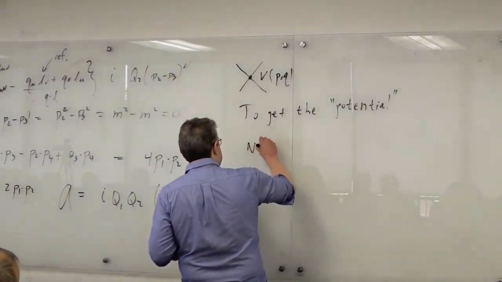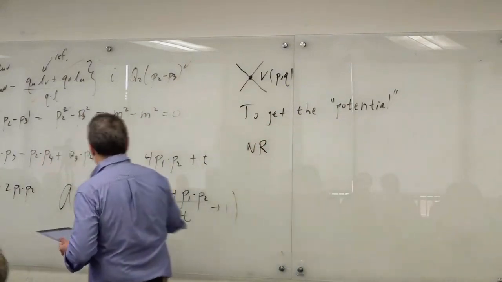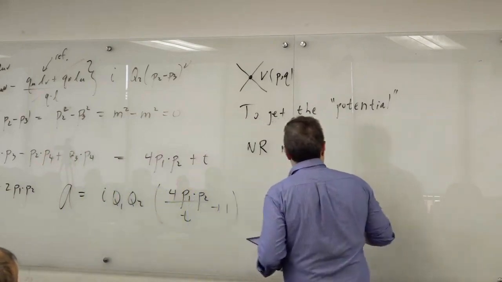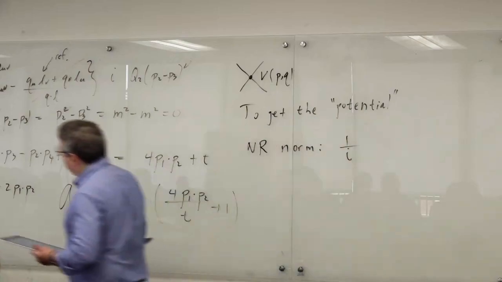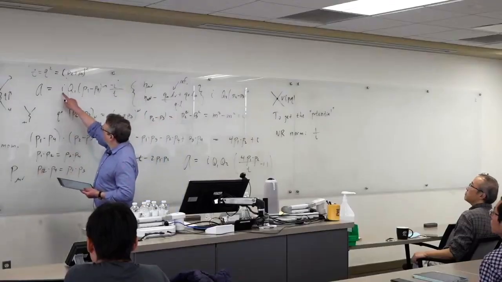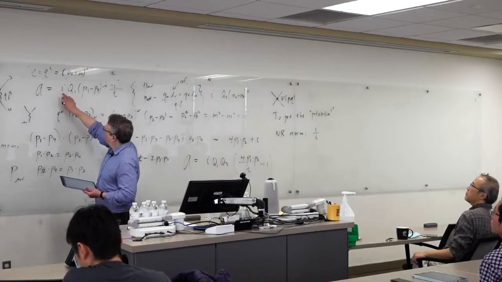There's a non-relativistic normalization, not the one we're using with the Feynman diagrams. So the non-relativistic normalization, there's a 1 over I. Well, first of all, this I doesn't belong.